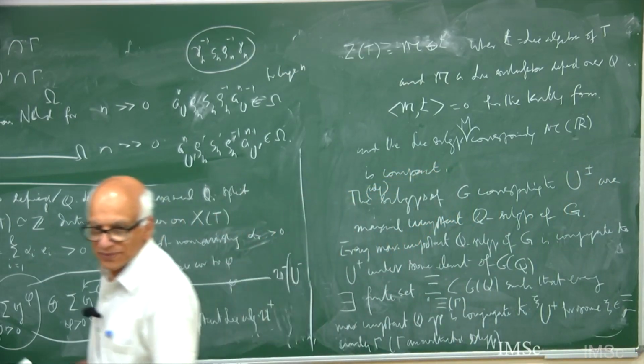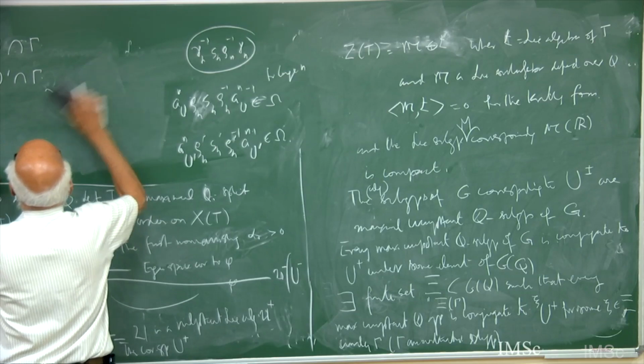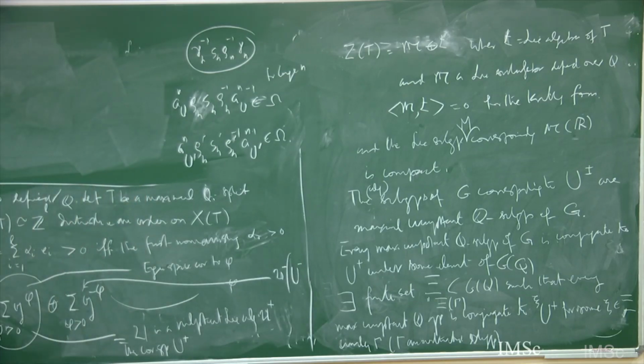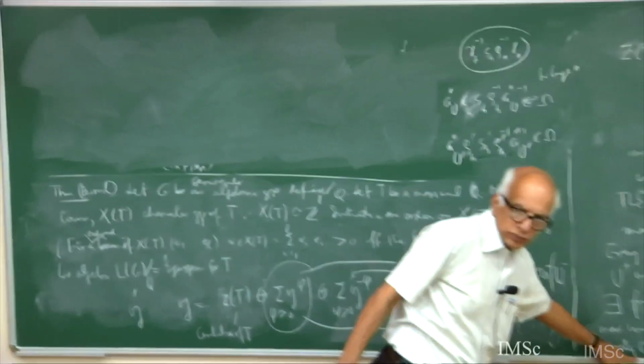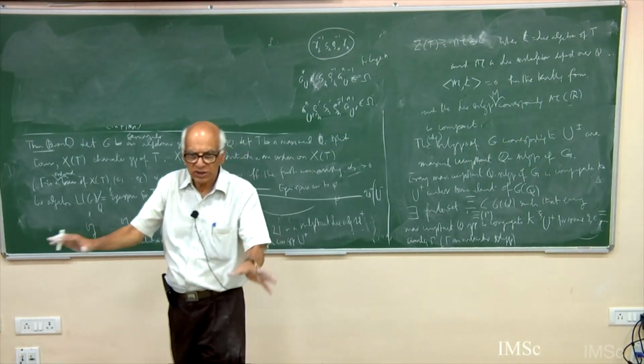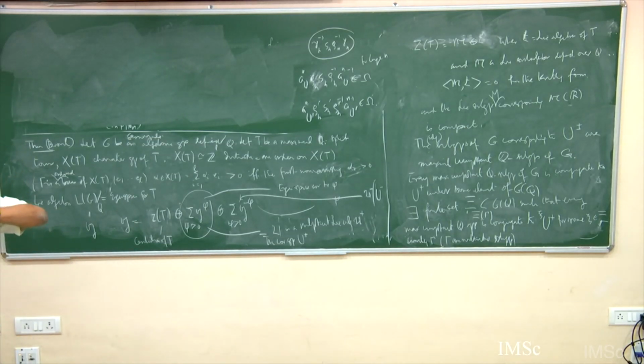So there are only finitely many conjugacy classes under gamma, whereas for the unipotent groups under GQ there is only one conjugacy class, but under gamma there are only finitely many. That's some statement I more or less proved.